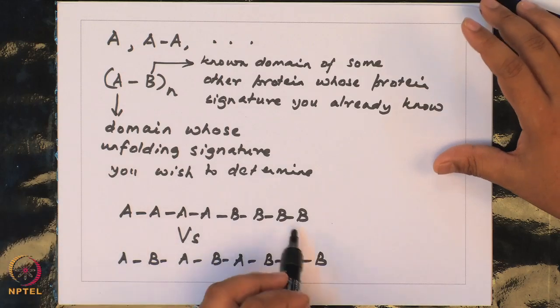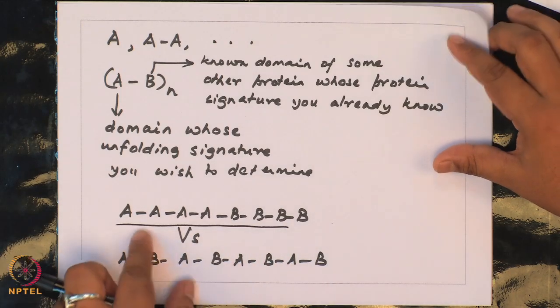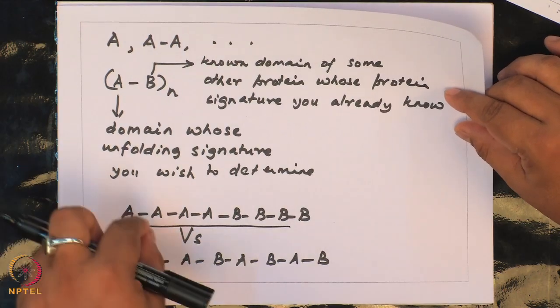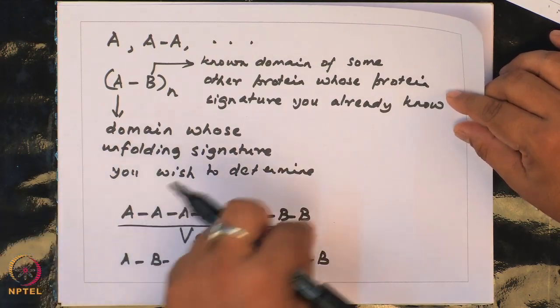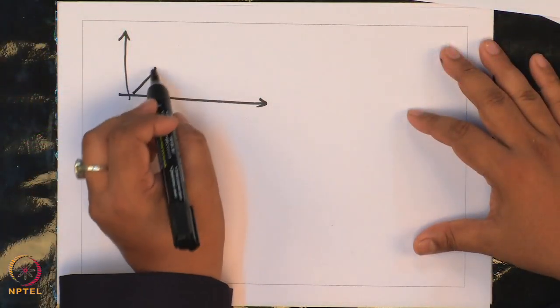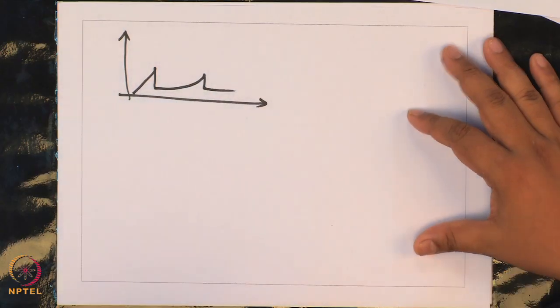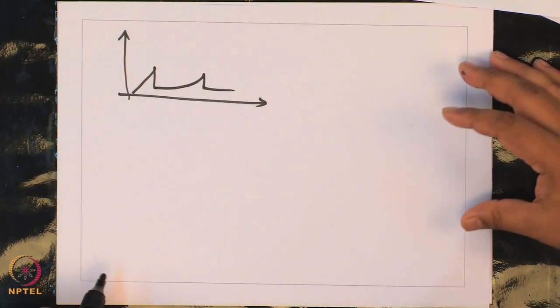Let us assume you have chosen this particular construct, which is A repeated 4 times followed by B repeated 4 times. Let us say you have done the experiment and this is the output that you get.